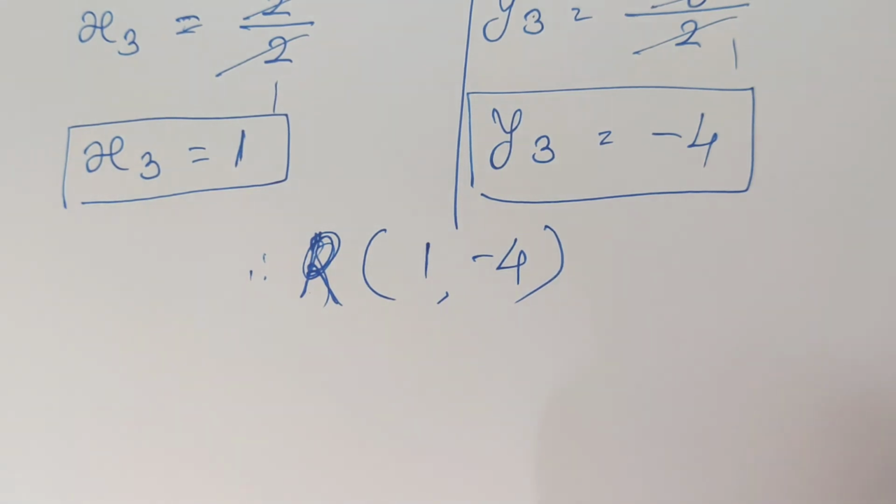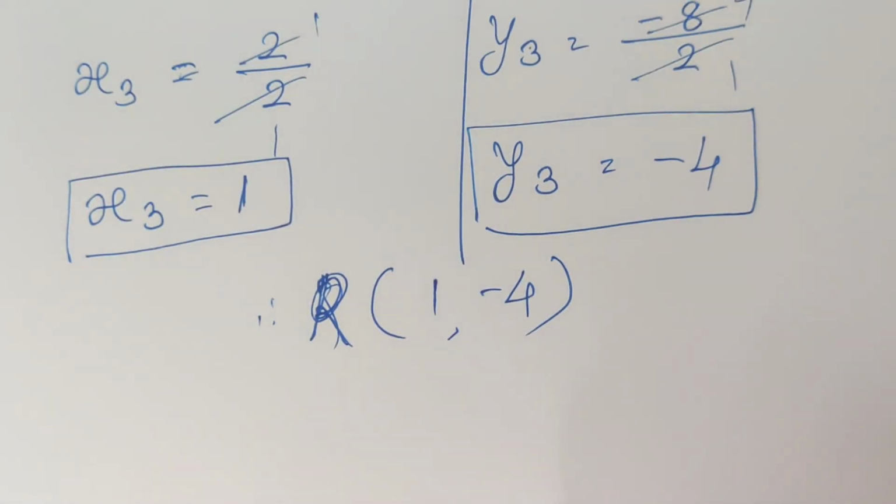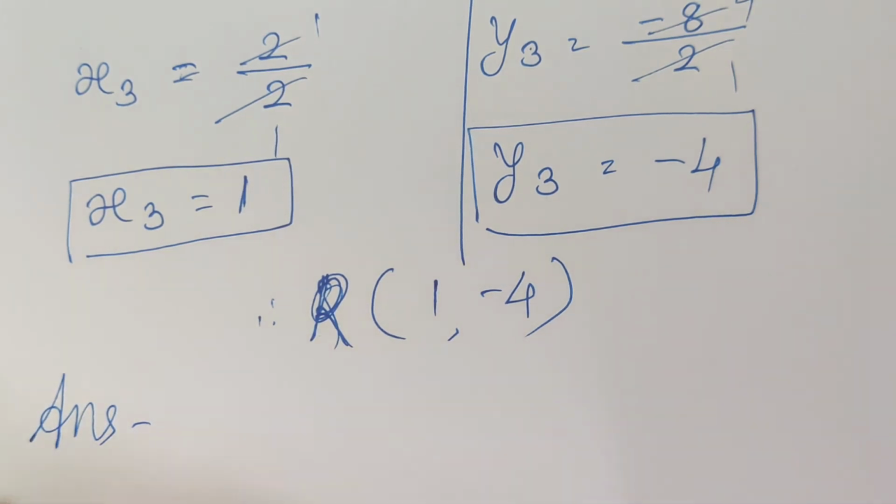We can write it here as answer. Always you should highlight the answer. The coordinates of the points which divide the segment AB into 4 equal parts are. This way you have to write the answer. Highlight the answer always.